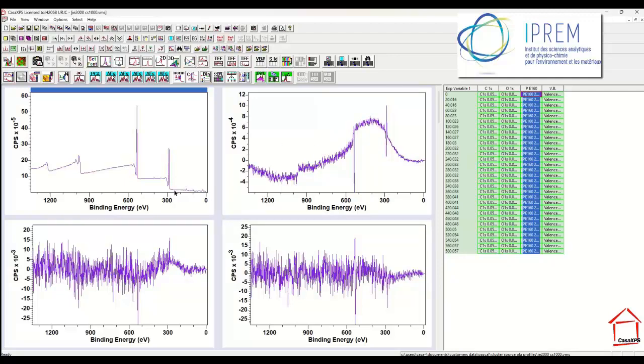So when we're calculating backgrounds such as Shirley or Tougaard or linear backgrounds, and we have a buried layer material, we may find some anomaly within the quantification that could be a result of alteration of the background due to the substrate of the silicon altering the background to the XPS.